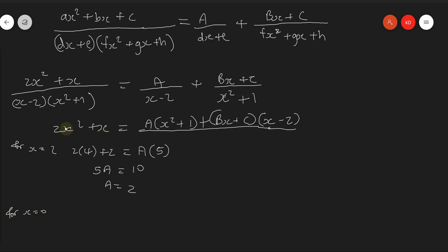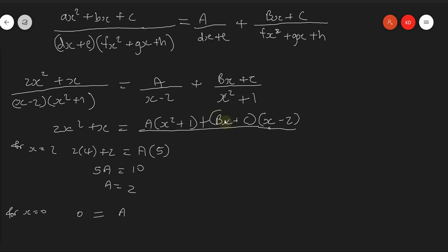all of this is going to be 0, because that's 2 times 0 plus 0. Okay, so 0 equal to a, because here will be 0, a times 1 is a. Good.